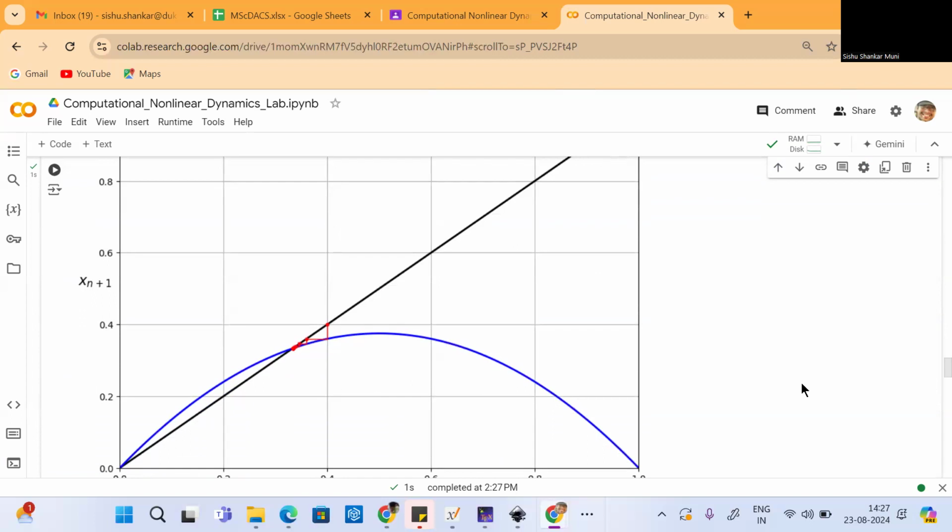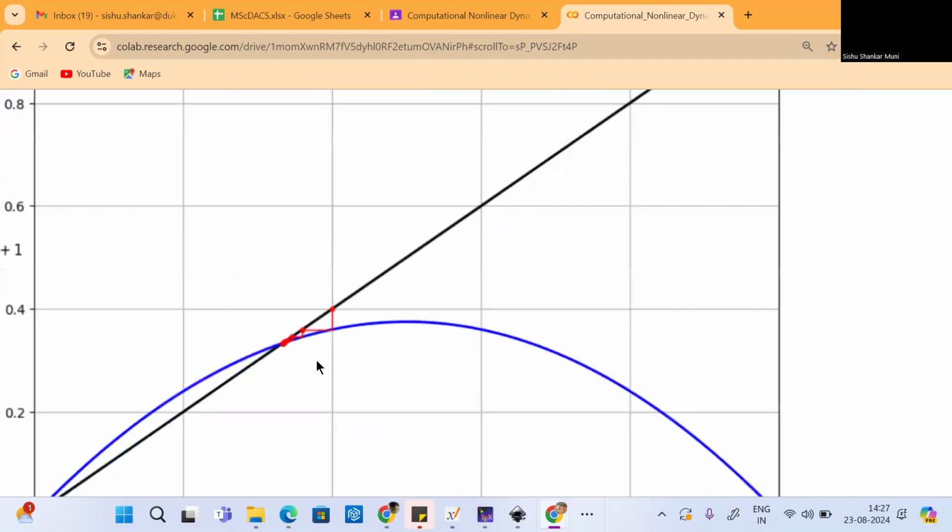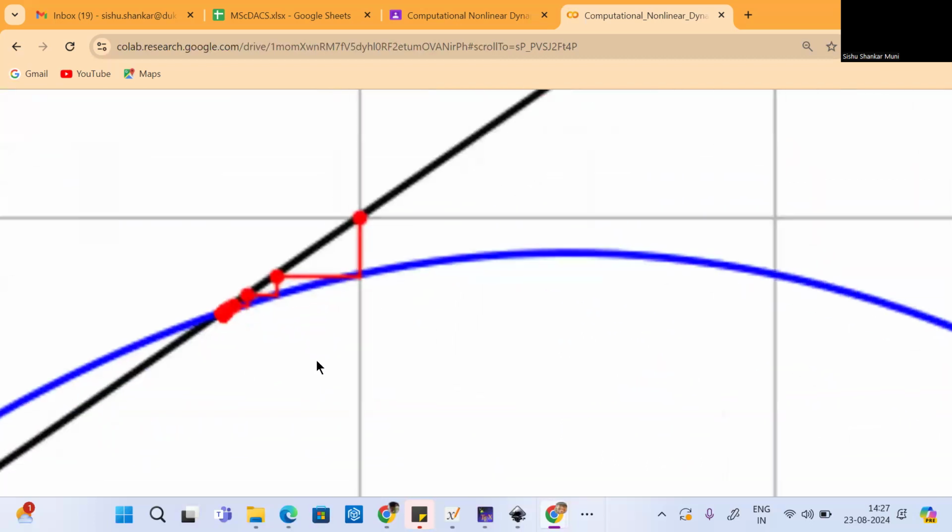So if you start at 0.4, you can see below the origin.